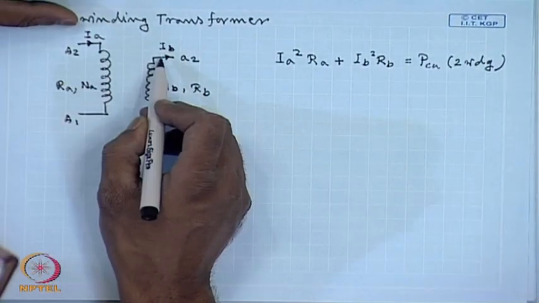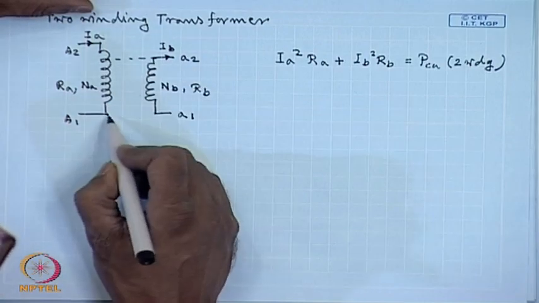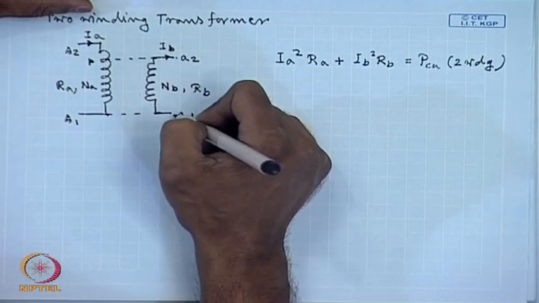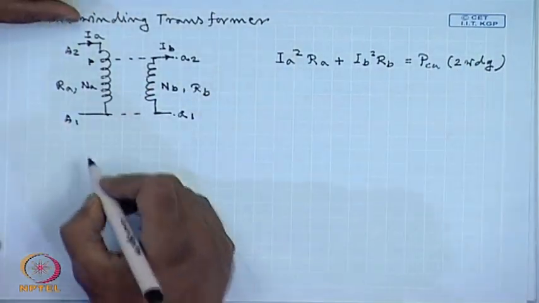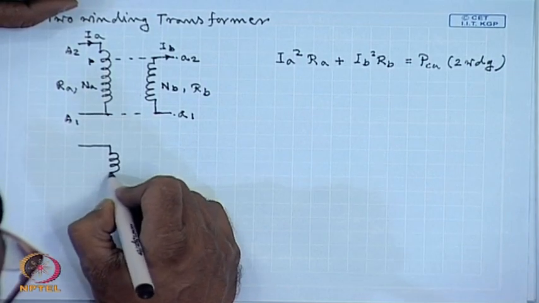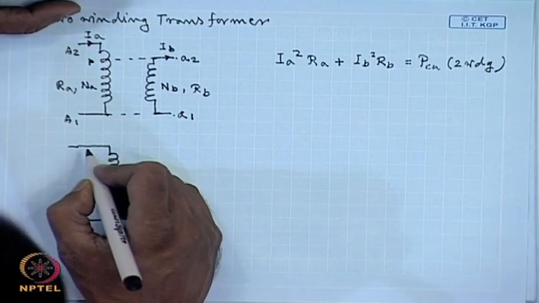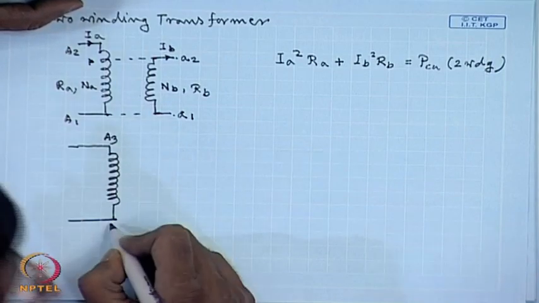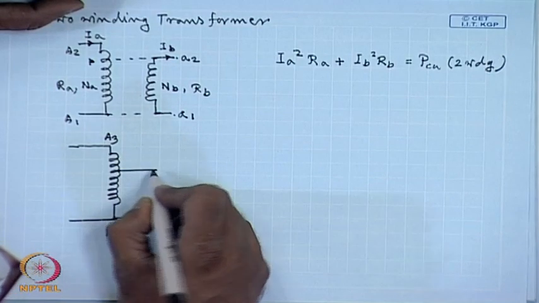Now, if we join these windings to form an autotransformer, we can join this point to this and this point to this, this tapping being the point where the voltage is same as the voltage between A2 and A1. Then the operation of the transformer does not change. At the same operating condition, this is now call it A3, A1 and A2.